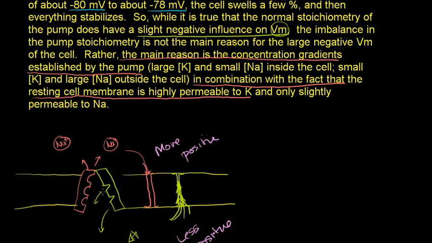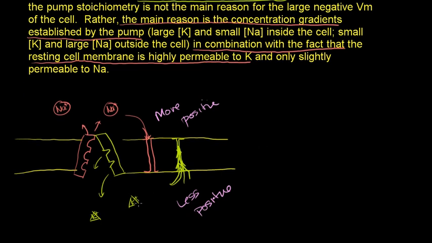So even if this was a 2-to-2 ratio, it's actually a 3-to-2, but even if this was a 2-to-2 ratio, even though this environment is more positive, you're just more likely to have potassium ions down here bump in just the right way to get across and get to the other side, go against its electrical pull, right? Because you have a higher concentration of potassium here than over here. So you're more likely to have a potassium bump in just the right way to get through this channel and get out than you are to have a sodium be able to go the opposite direction.